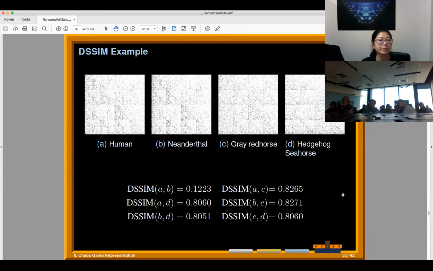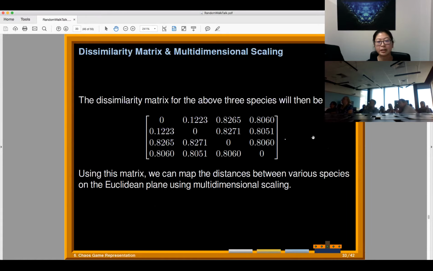Using this information, we can put it in a dissimilarity matrix. Each of these represents a species. The first column is human, the second column is Neanderthal, and so on, and the first row is human, the second row is Neanderthals, and so on. So we're taking the relations and putting them in the corresponding spots.